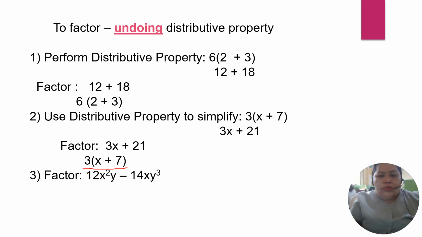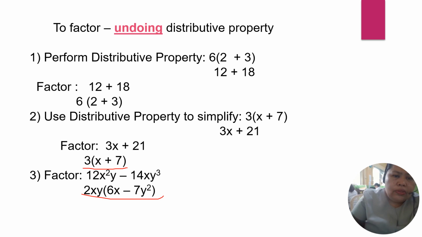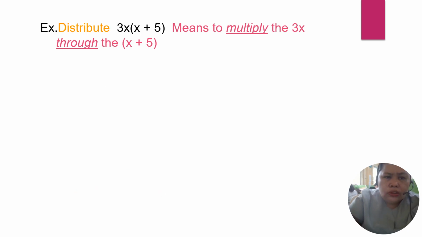So factor 12x squared y minus 14xy cubed. Since the common factor is 2xy, these are the factors. For example, distribute 3x. It means multiply the 3x through the x plus 7.